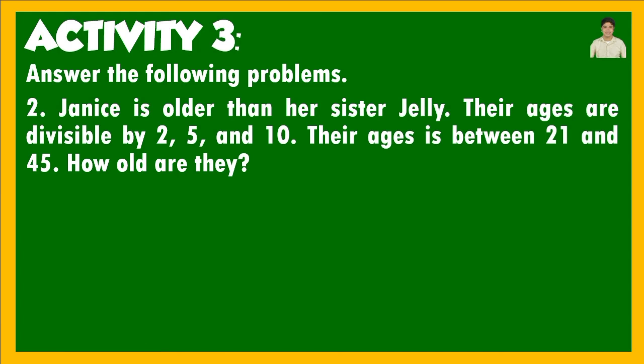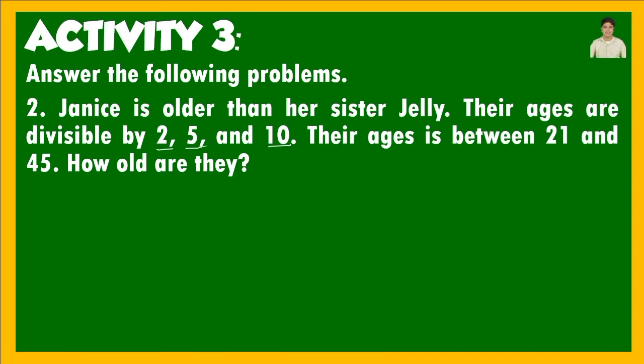So, since divisibility rules for 2, 5, and 10, i-consider natin dito is yung divisibility by 10 na mismo. Kasi, kapag divisibility rule by 2 lang, hindi pwede yung 5.